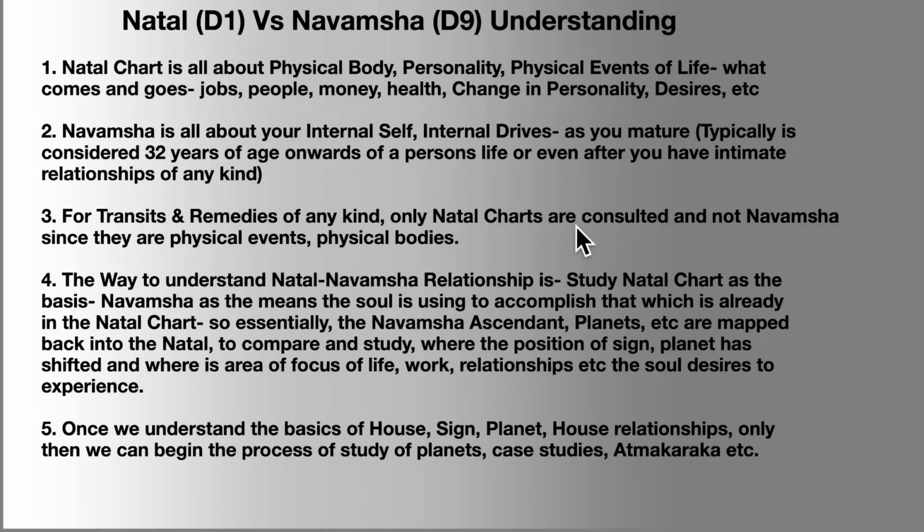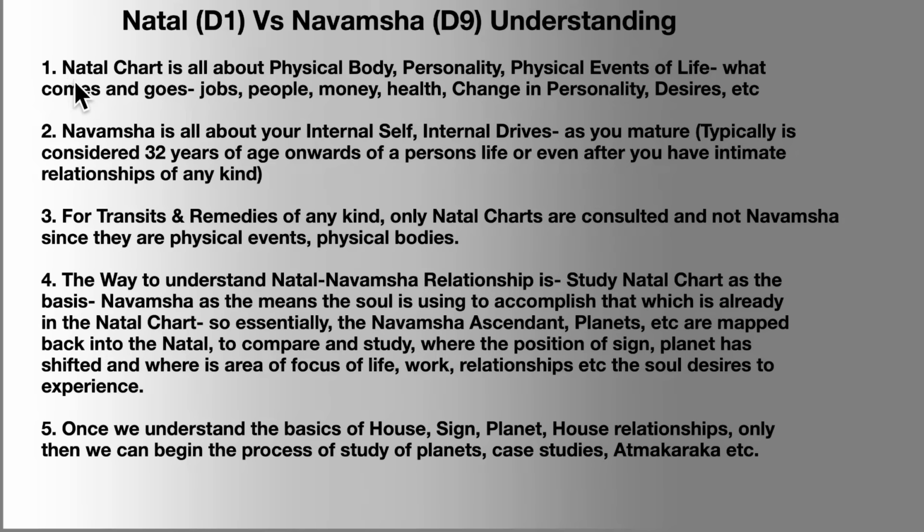The fifth house stands for the stomach. So it's all about physicality, physical events, physical personality, and it comes and goes as the physical events of life, as jobs, as people, as relationships, as money, as health, change in personality, change in desires, and so on.